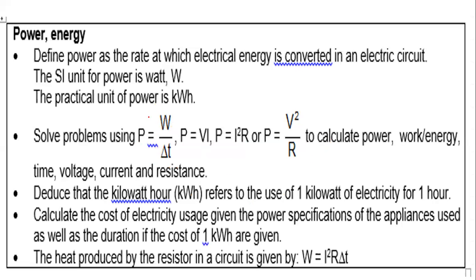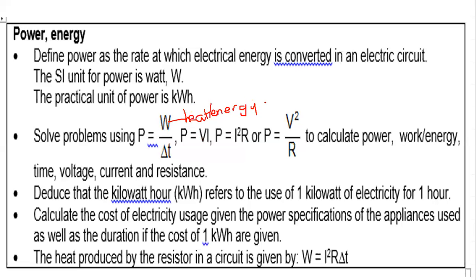So remember this W there, my dear learners, it refers to the heat, or it refers to the energy rather. Right, so know that the delta T simply refers to the time. So this is the heat or the energy, and remember when you talk about heat, basically we are talking about energy altogether.